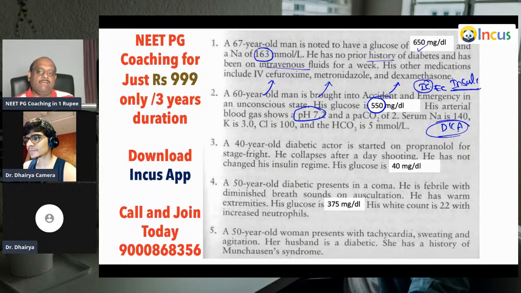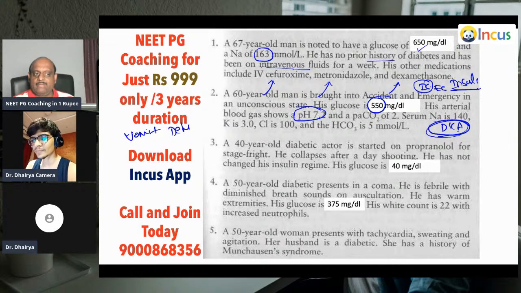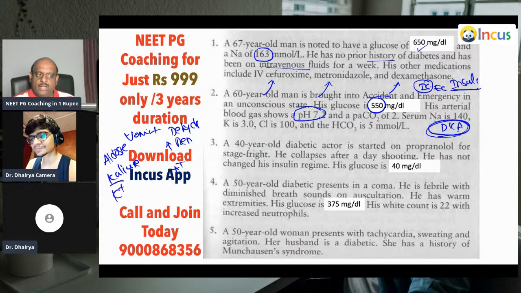So, people who are having diabetic ketoacidosis will have a lot of vomiting. Because of the vomiting, they are all dehydrated. And because of the dehydration, they will be having increased renin, angiotensin, aldosterone. And aldosterone is known to lead to development of kaliuresis. And that is the reason their total body potassium levels are low.